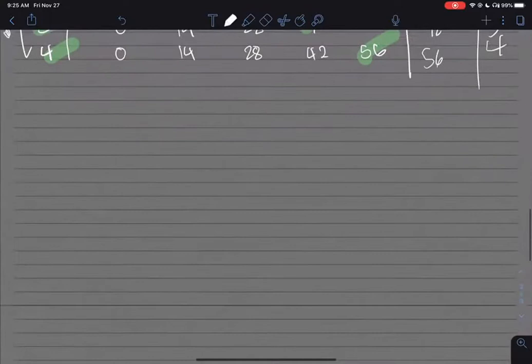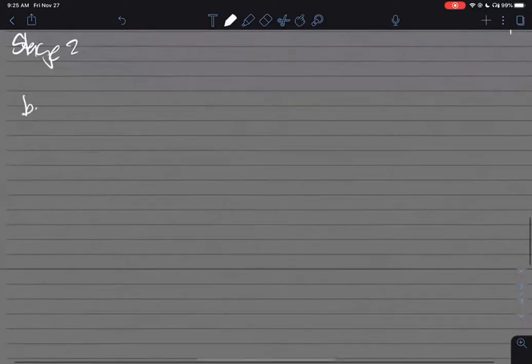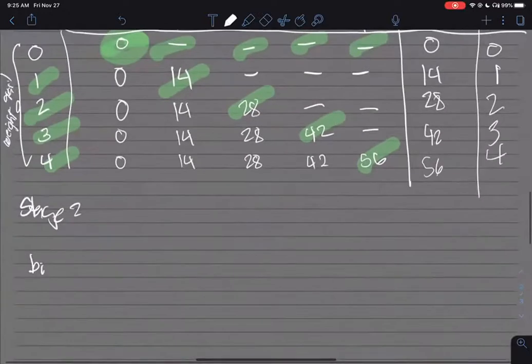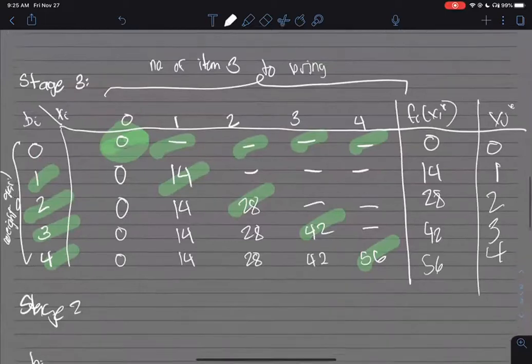Okay, let's now go to stage 2. Again, states on the left. So stage 2, items na matitira or possible weight allocations. So again, stage 2 is weight allocation or weight remaining for item 2 to item 3 combined. Okay? Combined.